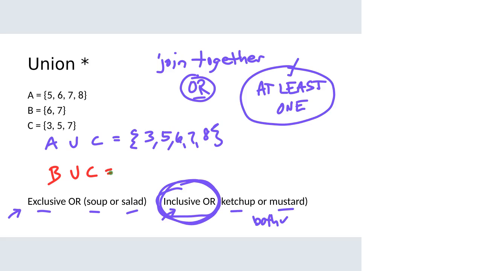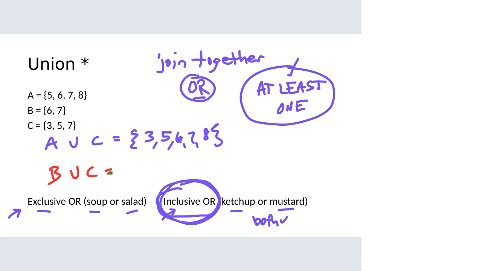B union C. Intersection and union kind of work in conjunction with each other in set theory.